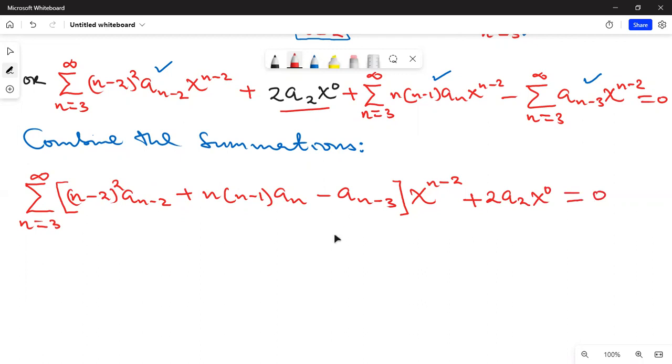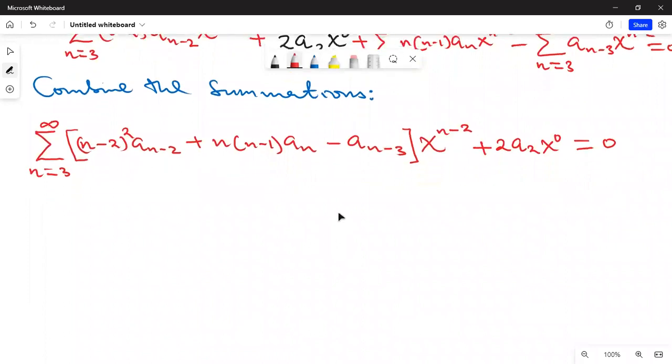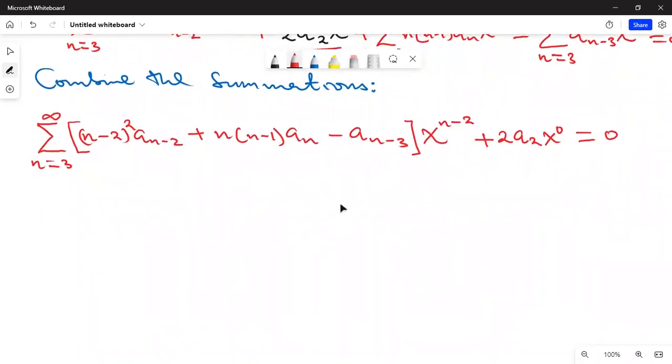So once you're through with this, now equate the corresponding powers of x, equate the corresponding coefficients.